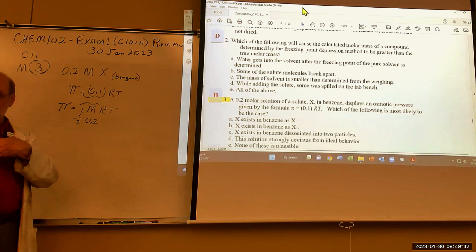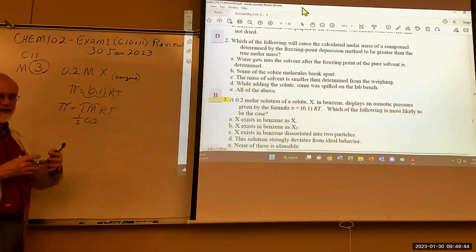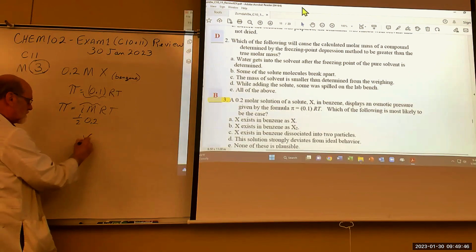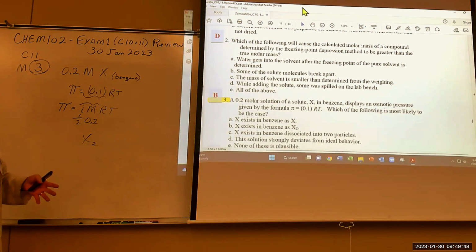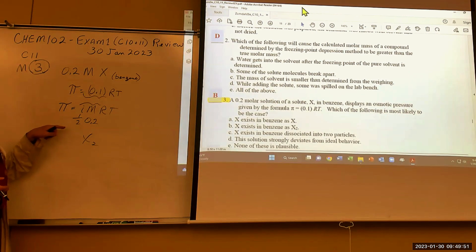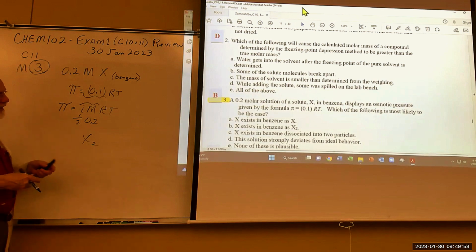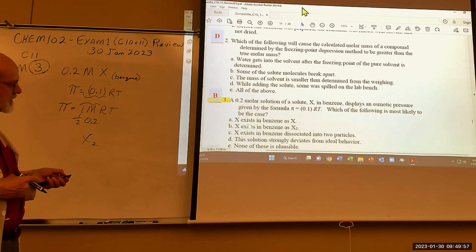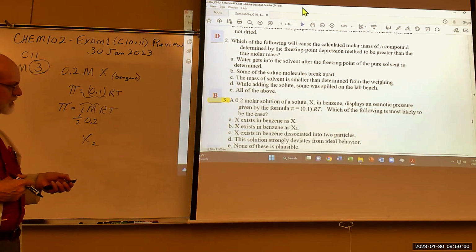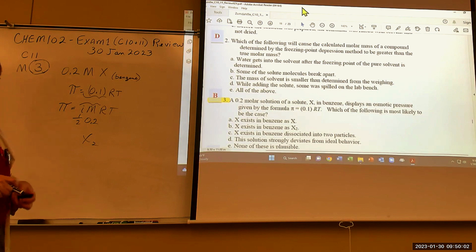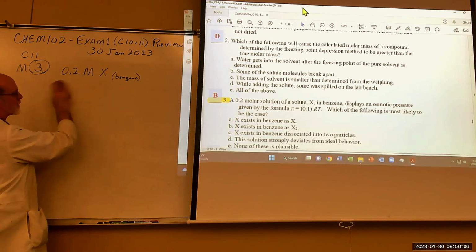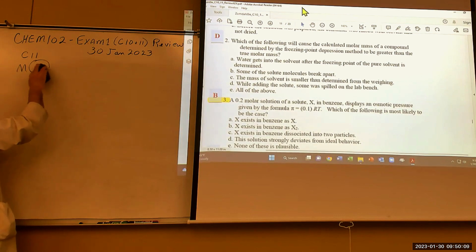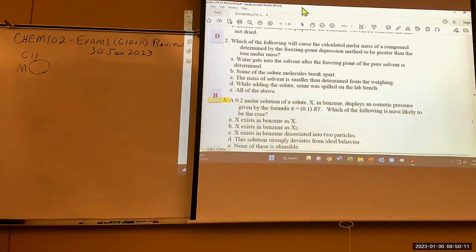You must have X pairing into something like that in benzene in order to get 1/2 instead of the other way. So the answer to that one should be X exists in benzene as X2. Okay, kind of tricky. We only talked about the other way. And then you get one of these questions that's trying to give your brain whiplash.